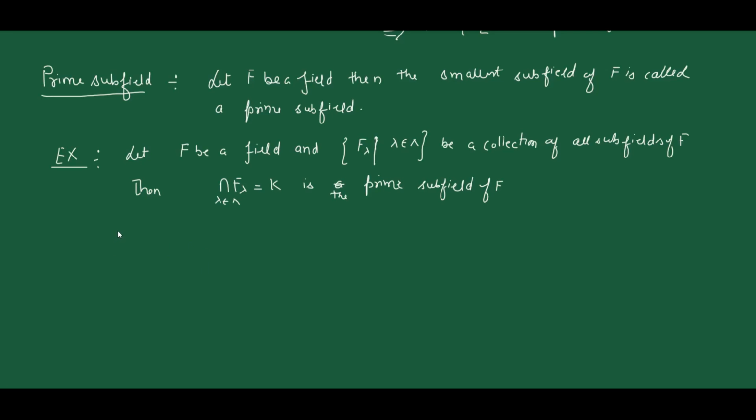Because K is the intersection of all subfields of F, therefore K is a subfield, because the intersection of subfields is again a subfield, whether it be arbitrary or finite. Now to prove that K is a prime subfield, we only have to prove that K is a prime field.